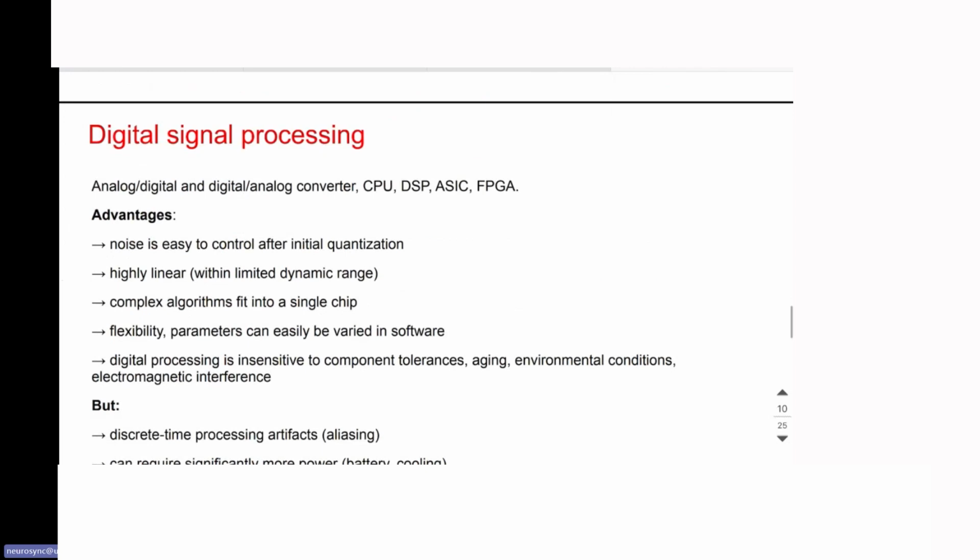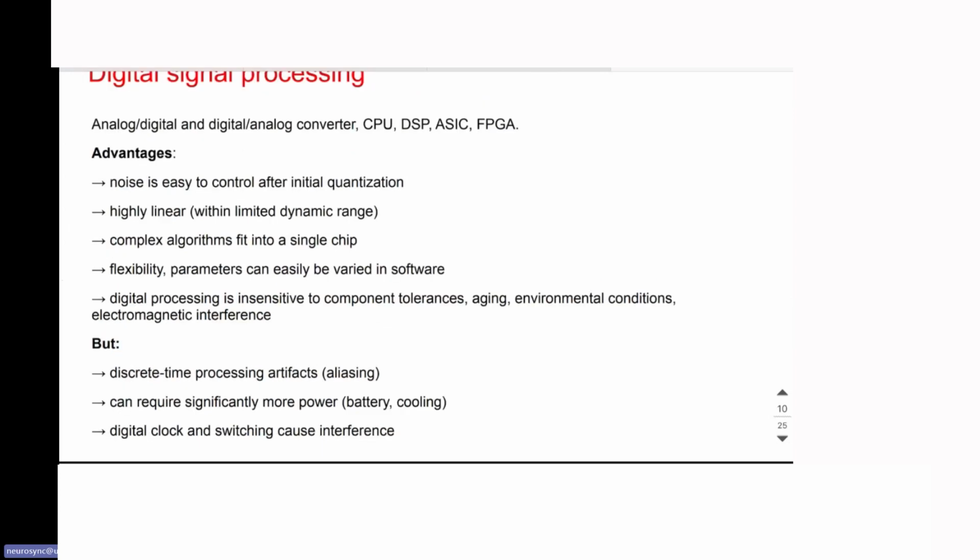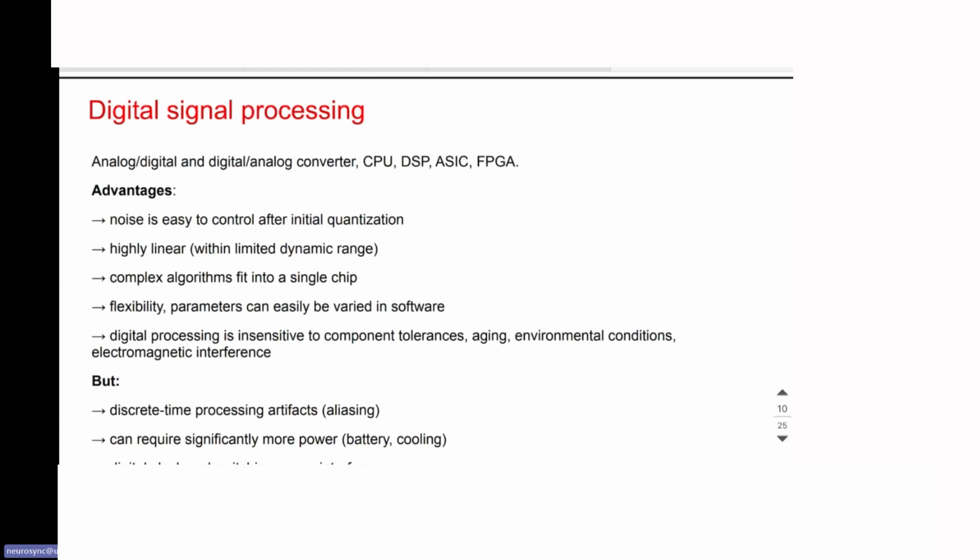In digital signal processing, we have these devices. You may be familiar with all of them: analog to digital converter, digital to analog converter, CPU, DSP, FPGA.